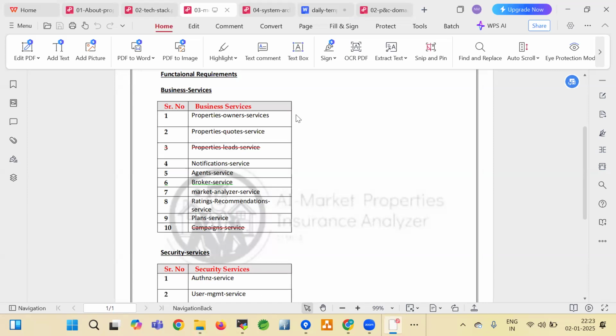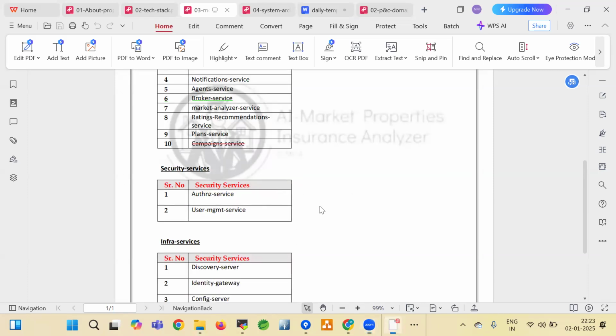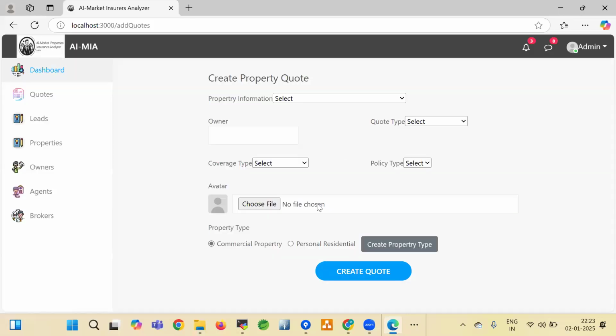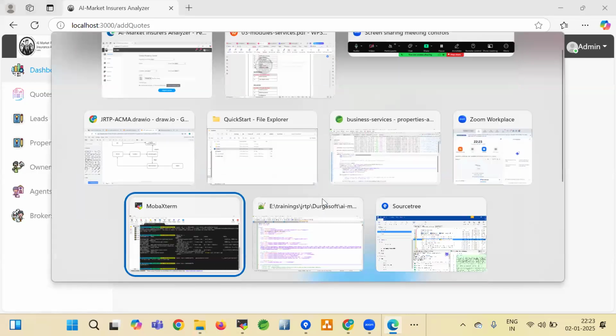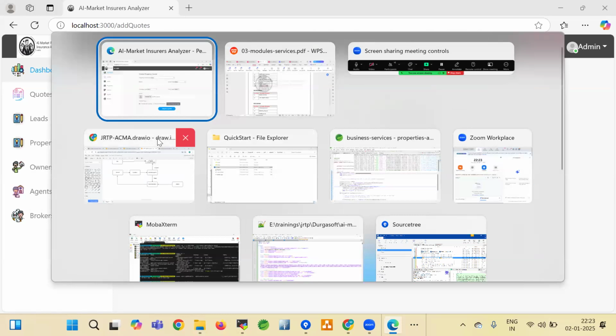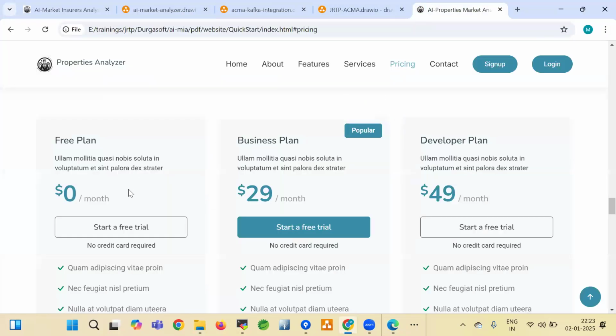Next are the security services. What are security services dealing with? We are saying who can use our system. Our system can be used by the agents, brokers, property owners, and admins, of course, product admins. They are the users with some persona.